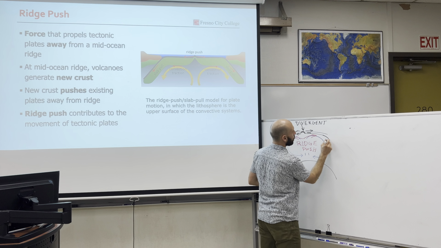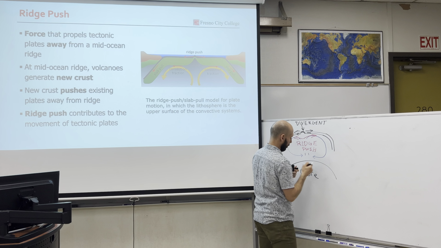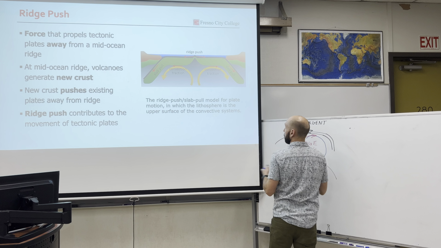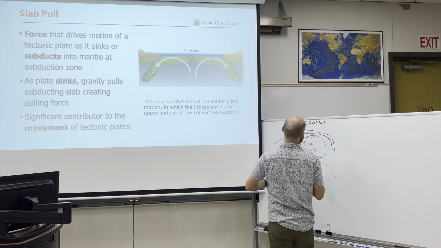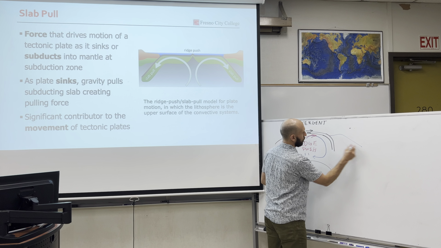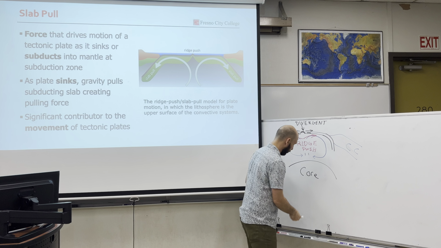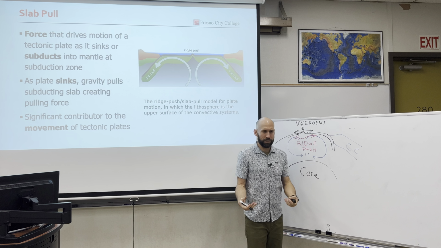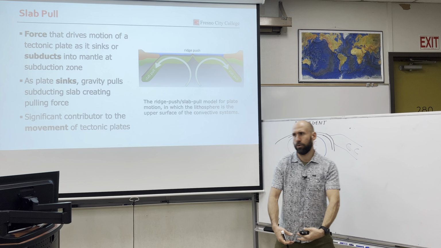Now we're going to move to a convergent boundary where we have oceanic crust subducting underneath continental crust. Now, rocks have weight. If you've ever tried to carry a big rock, whew, they're heavy.